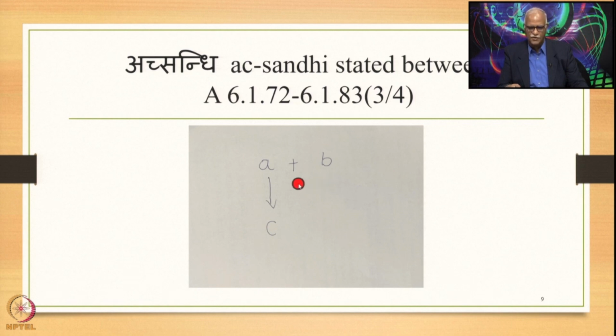This diagram shows that there is one substituent and there is one substitute. In place of A appears C. C replaces A. A is the substituent, C is the substitute. C replaces A, and as a result the output would be C plus B. A plus B is the input, and one of the sutras in these sections applies, and then the output is C plus B. This is how this type of sandhi can be diagrammatically represented.